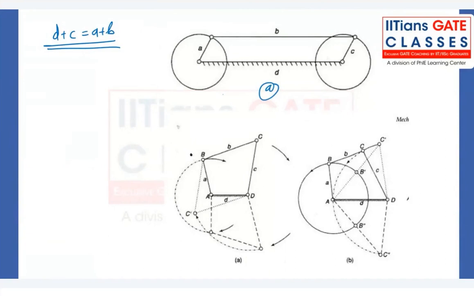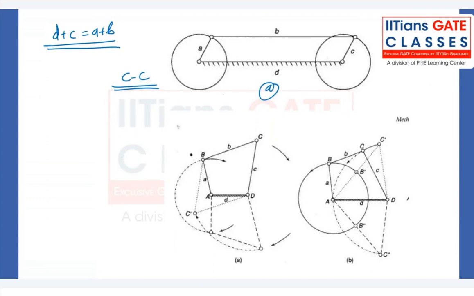So it's a double crank mechanism we will get here. Crank mechanism, I will write here. This is an example of a coupled wheel of a locomotive in which rotatory motion of one wheel is transmitted to the other wheel, and the link D is treated as the fixed link here.